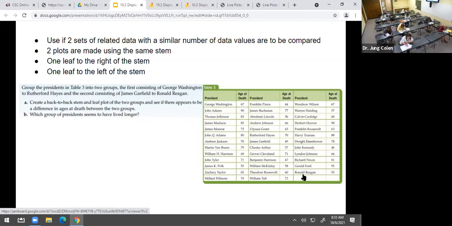Using that, you want to create a back-to-back stem and leaf plot of these two groups, okay, and see if they appear to be different in ages at death between the two groups. So we're going to interpret that, finding out which group of presidents seems to have lived longer.